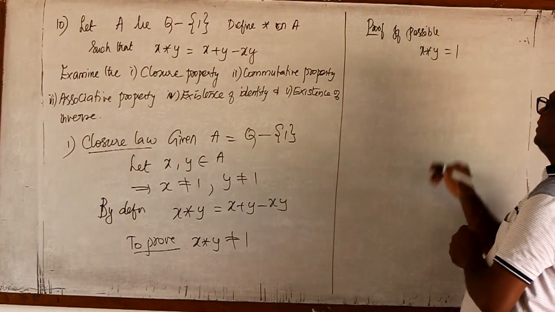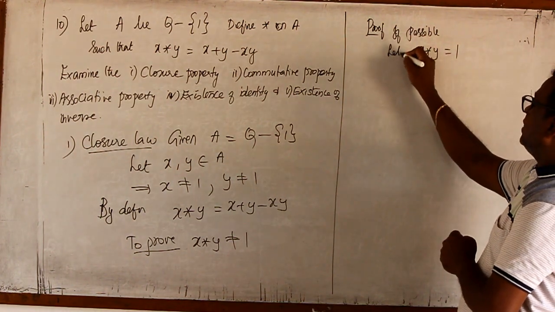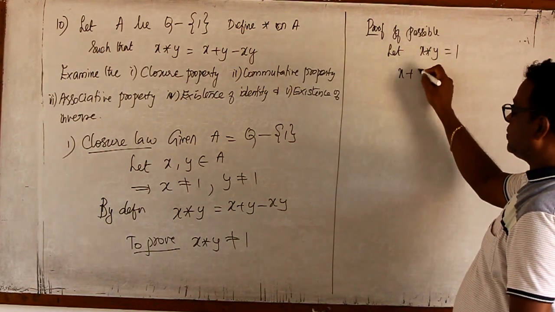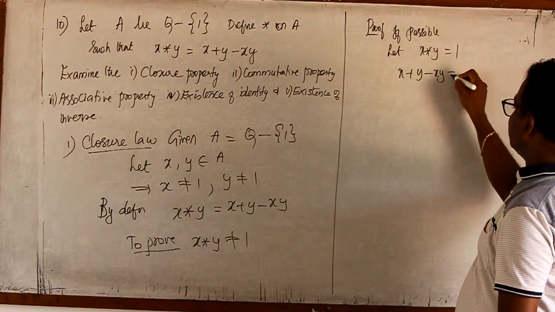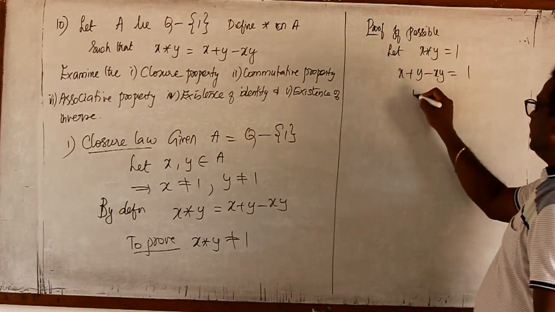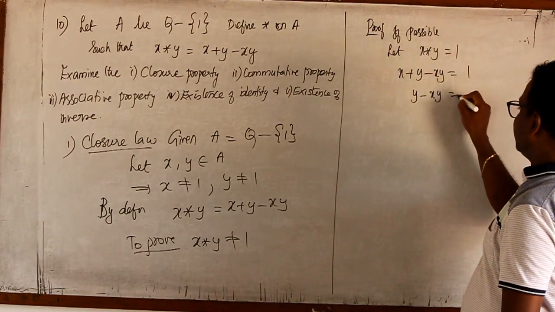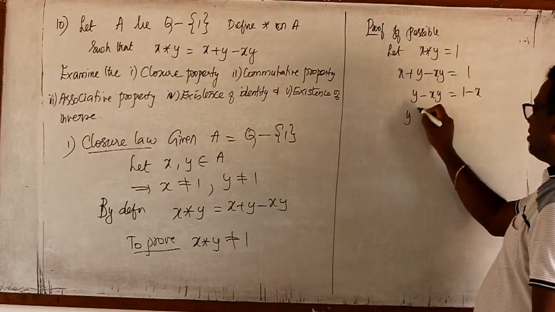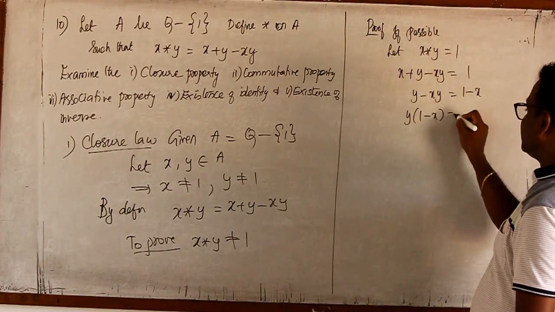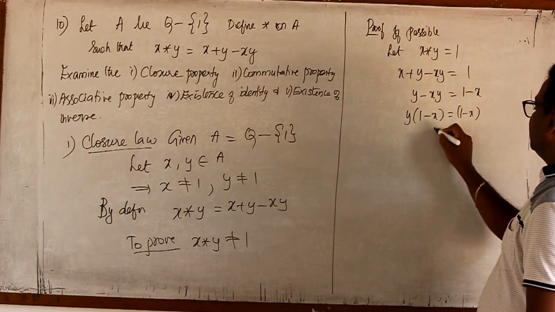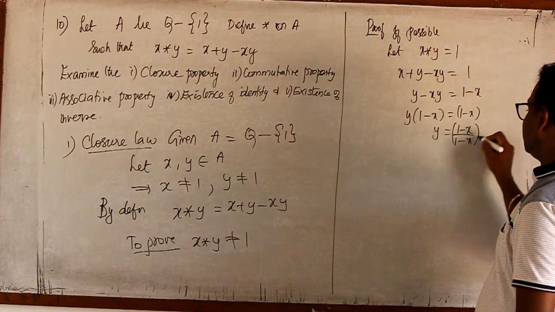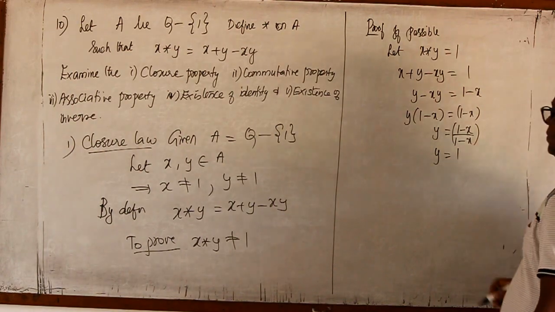But what is x star y? x plus y minus xy is equal to 1. Let me move x to the other side, then y minus xy is 1 minus x. If I take y as a common term, then y times 1 minus x equals 1 minus x. Then y equals 1 minus x by 1 minus x. Both cancel. y equals 1.